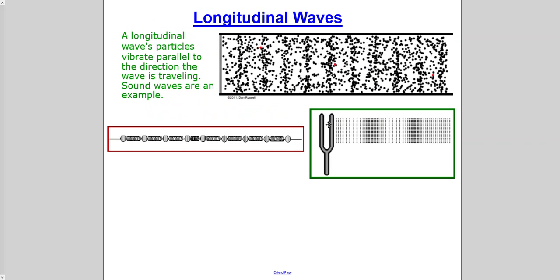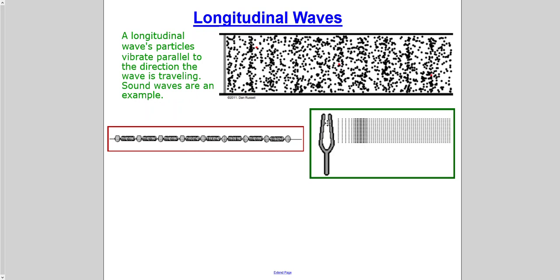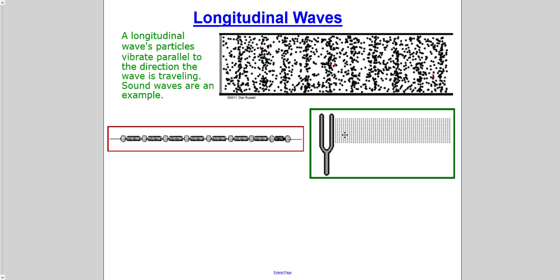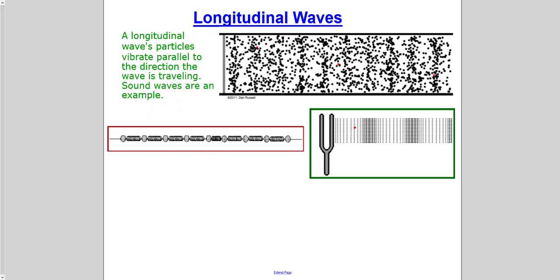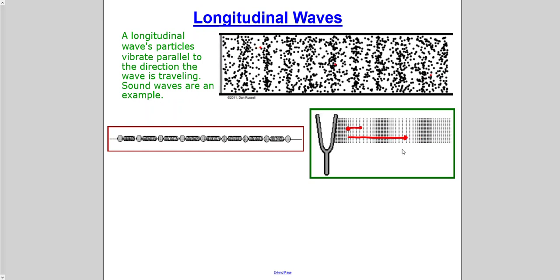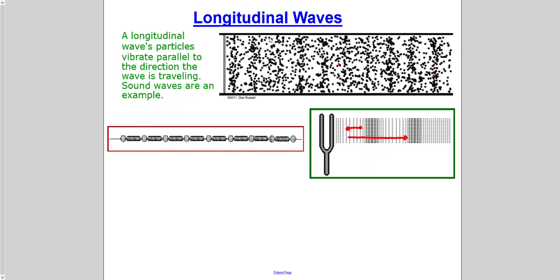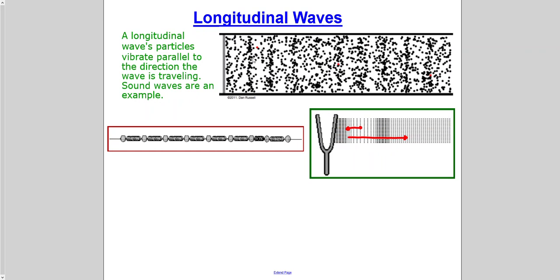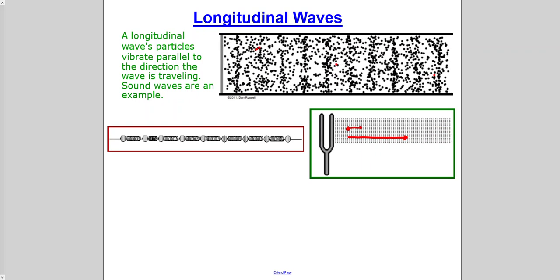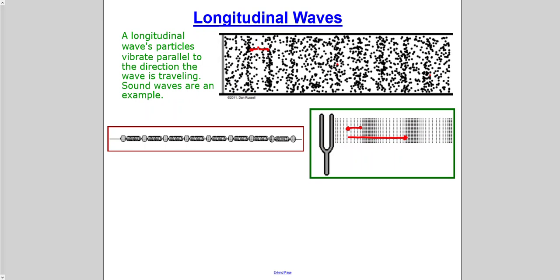This is longitudinal. Here in this tuning fork, if you ding a tuning fork, the forks vibrate back and forth, and that causes them to bump these air molecules. Now these molecules are moving back and forth, so left to right, and that's the same direction as the wave itself is moving. That can be seen really clearly here, where you can see these dark bands moving through. No individual dot moves with the wave. If you watch this individual red dot, it moves left and right, but the whole time it's staying exactly where it started.